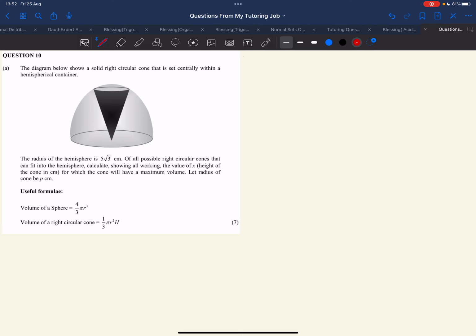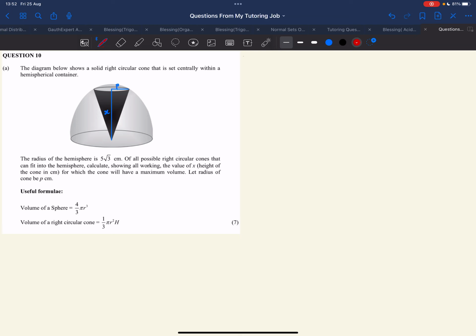height. Alright, now what we can do is use what we are given in the question. We are told that the height is x, right? And then we are also told that the radius is basically p for the cone, right?